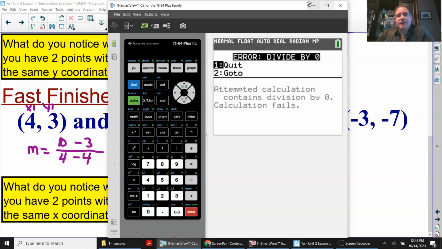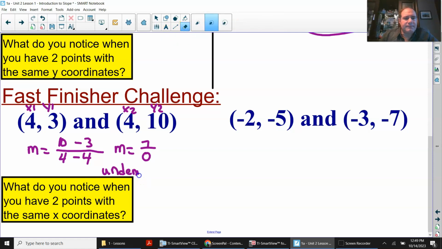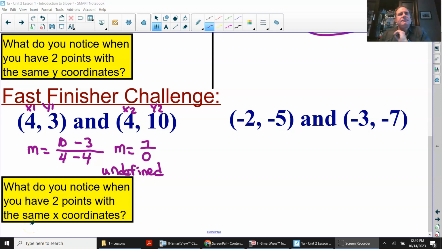That's because you have a 4 minus 4 in your bottom part of the fraction, your denominator. You cannot divide by 0. What this comes out to be is that this 10 minus 3 is 7, and then 4 minus 4 is 0. So that is undefined. You cannot divide by 0. Right? You cannot divide by 0. And in math, that is undefined. You can't do it. All right?